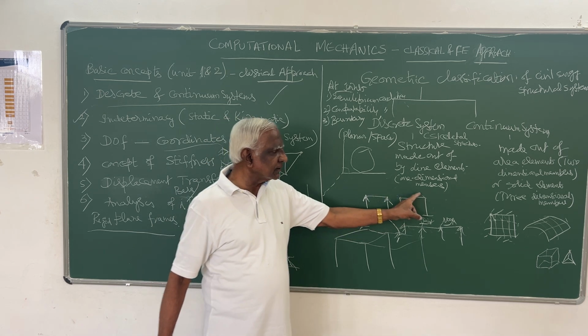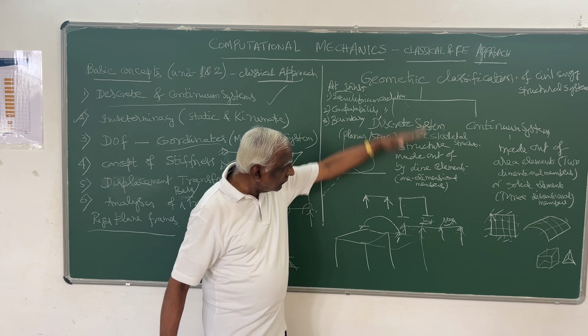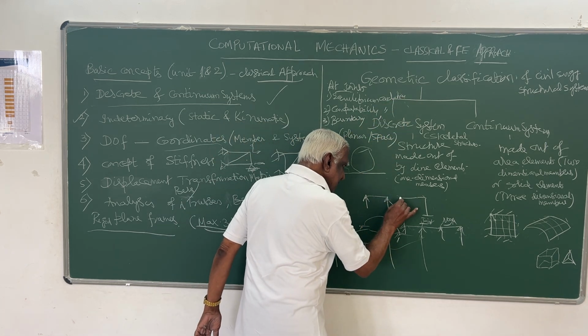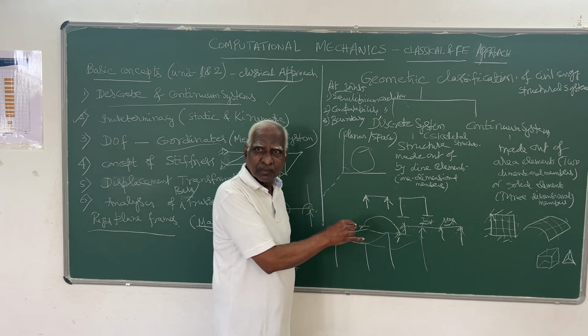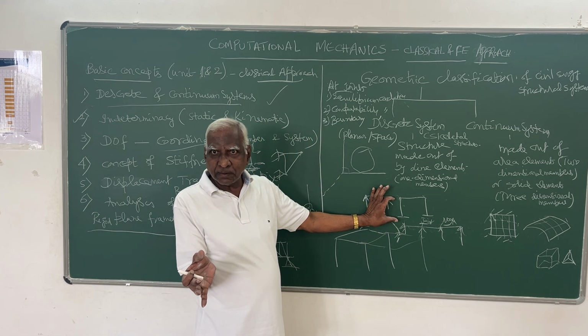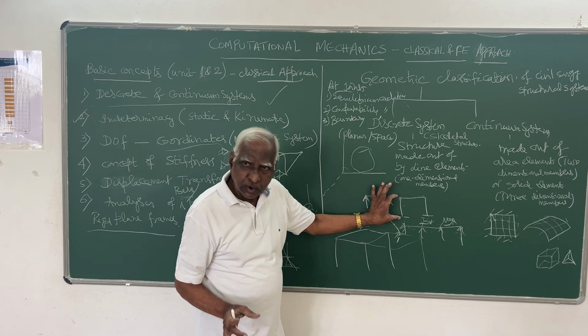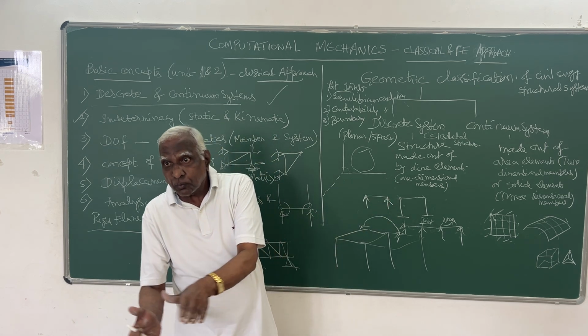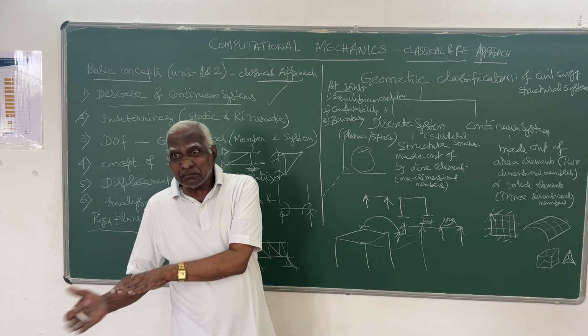Here, rotation, rotation, vertical translation is not there because if this end moves, this also should move because you assume each member to be axially rigid. Axially rigid means the member should not undergo any contraction or elongation, it should move bodily. That's called rigid body motion.